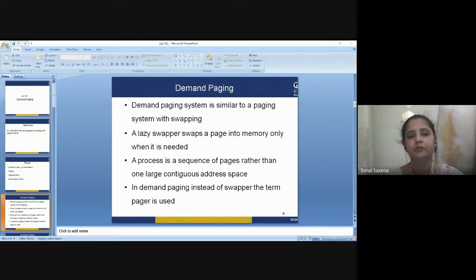Now, if the number of page faults is equal to the number of referred pages, or the number of page faults are so many.